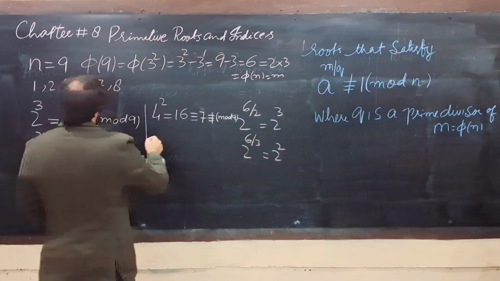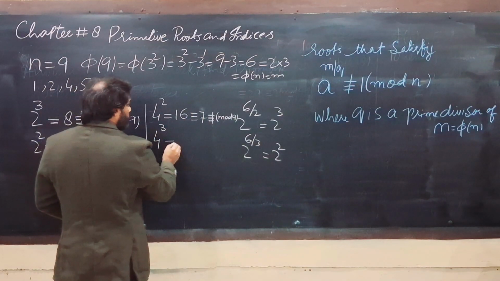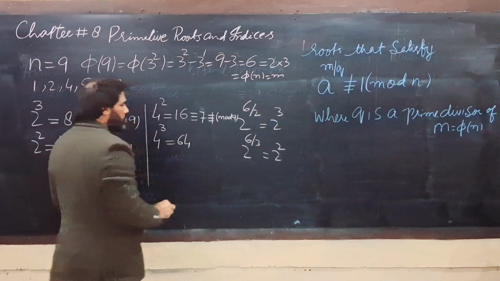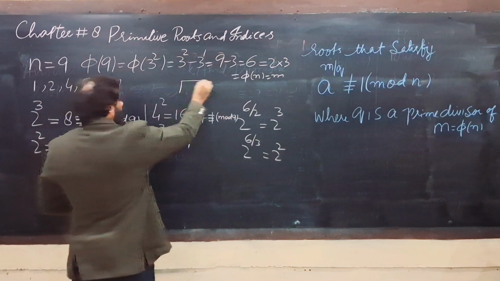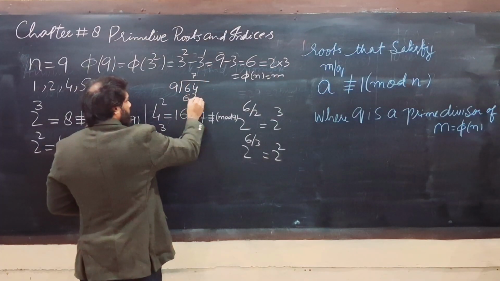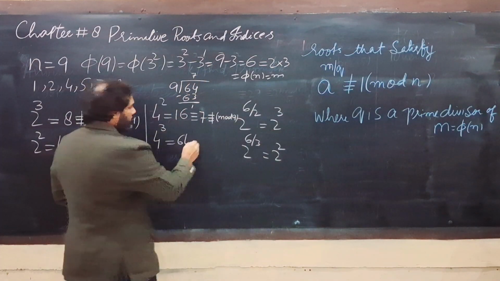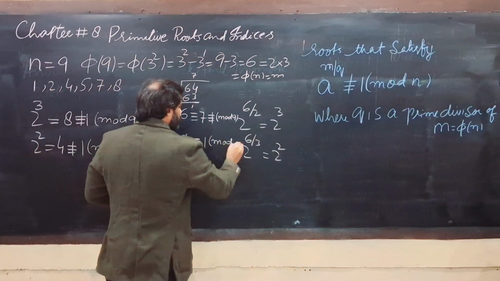Next take the other power, 4 cube, which is 64. When you divide 64 by 9, 9 sevens are 63, so your remainder is 1. Now 64 is congruent to 1 modulo 9.